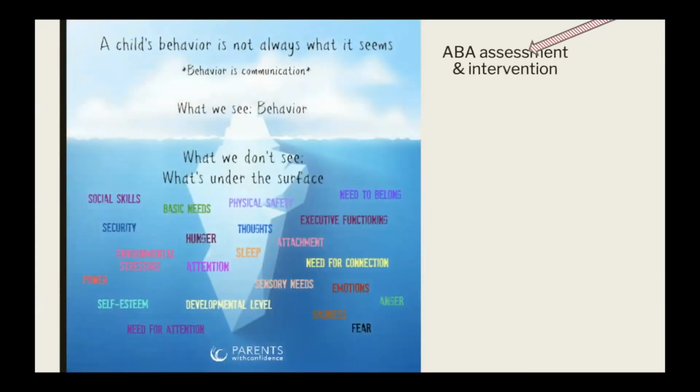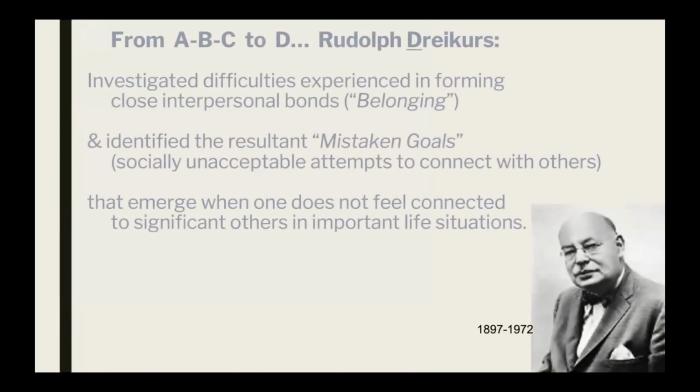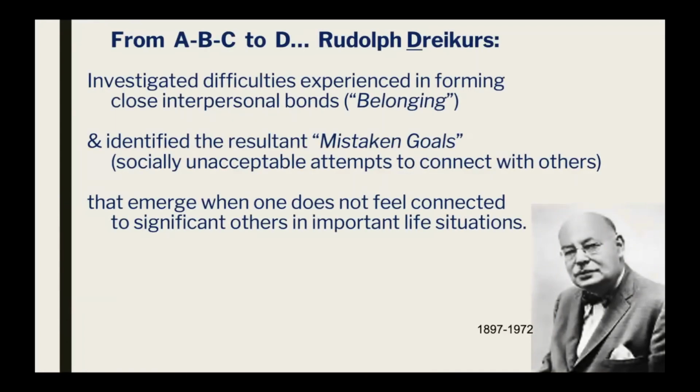But yes, ABC analysis, as much as it is required by IDEA and the Every Student Succeeds Act, only addresses what we can see. It really can't get to the reasons behind it. So we thought, well, let's at least take a look inside, so to speak, addressing Rudolf Dreikurs' mistaken goals.